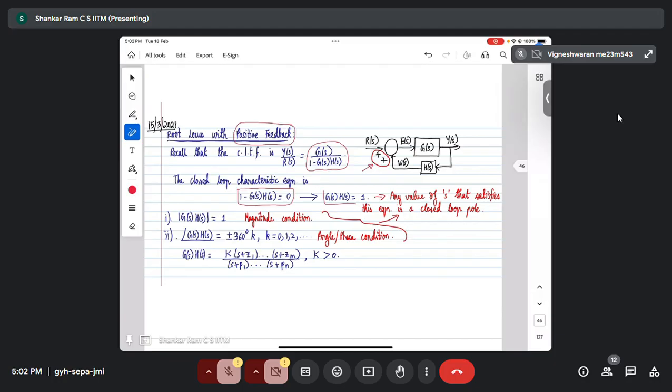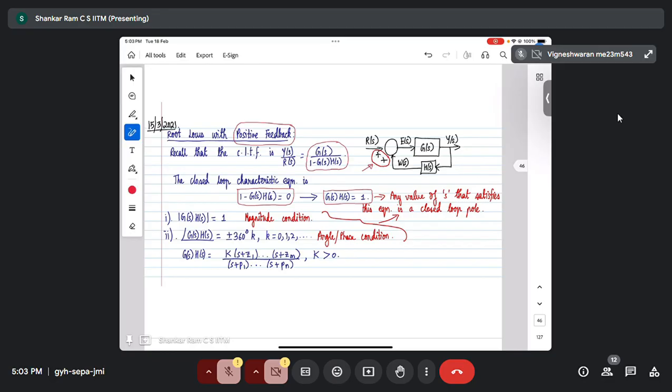If we rearrange this, G(s)H(s) becomes 1. The point is any value of s which satisfies the open loop transfer function being equal to 1 is a closed loop pole, as opposed to minus 1 with negative feedback.